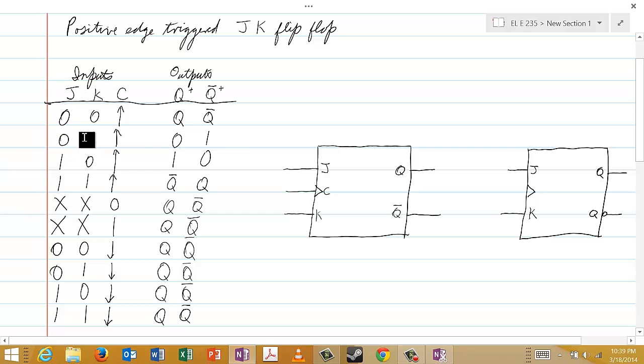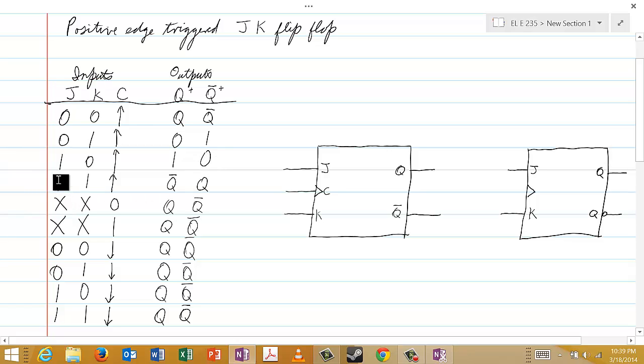If J is 0 and K is 1 when we have the positive edge, then that will force the output Q to 0, and of course its complement will be 1. On the other hand, if J is 1 and K is 0 when there's a positive edge, that will force the output to 1 and its complement to 0.